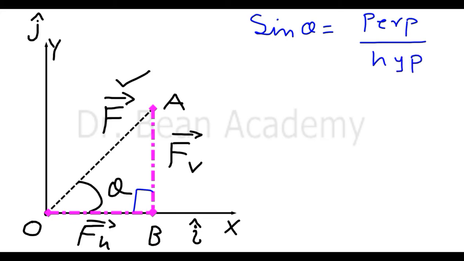If I use the triangle OAB, the sine of theta should be equal to, the perpendicular is my vector F_V, divided by hypotenuse, which is this line of the triangle, which is vector F.